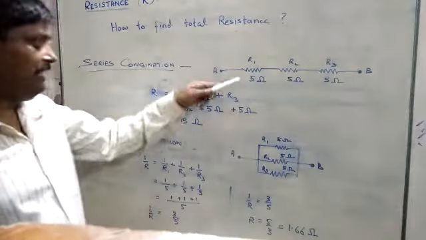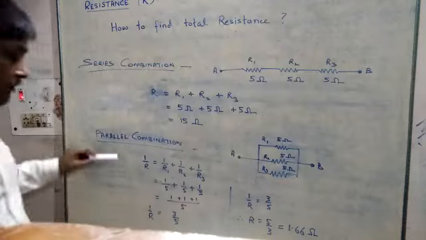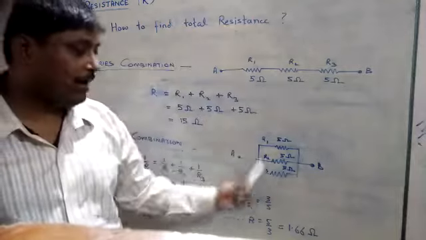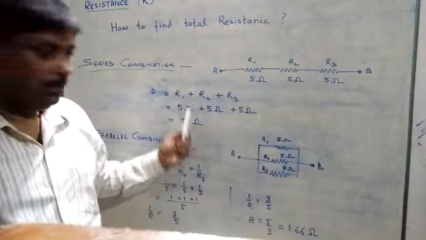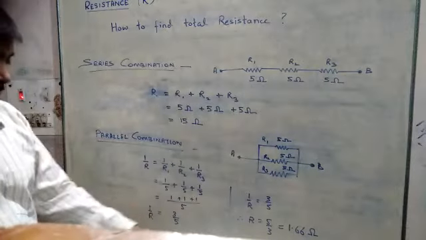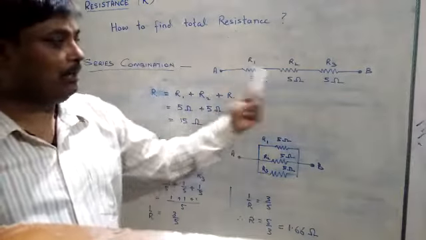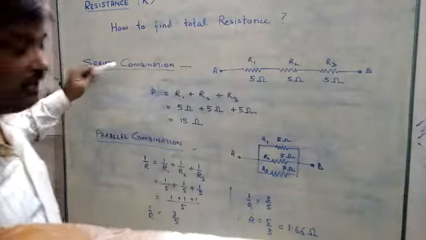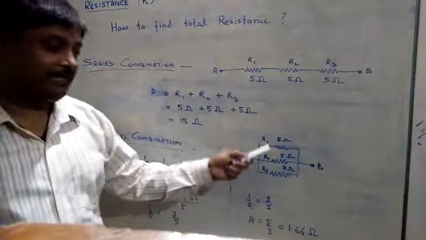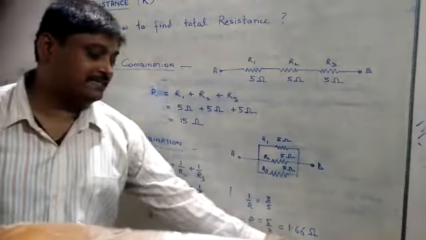Thus we can see that we have taken equal resistances in series as well as in parallel. But in series, the total resistance is quite more, that is 15 ohm, while with the same resistances in parallel combination, the total resistance is quite less, only 1.66 ohm.